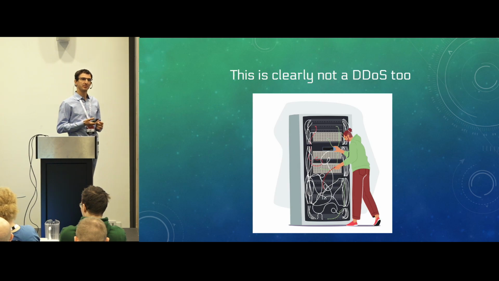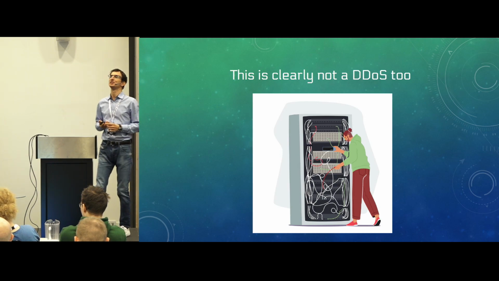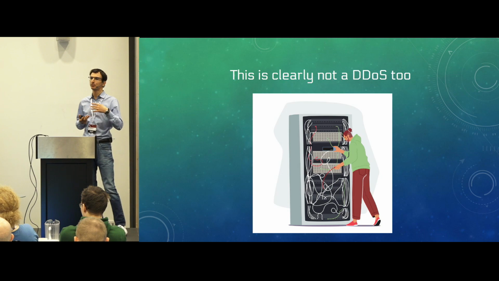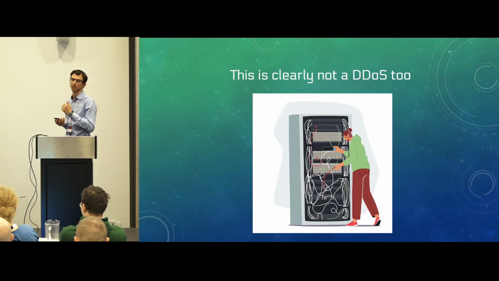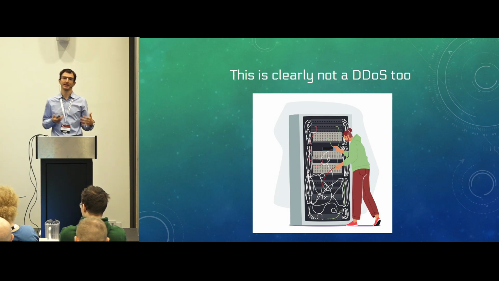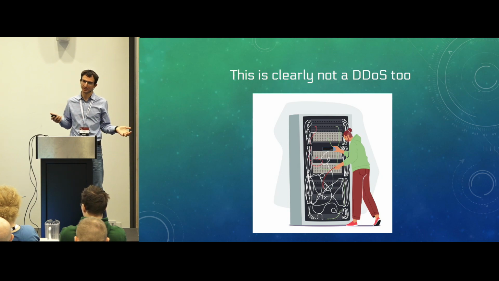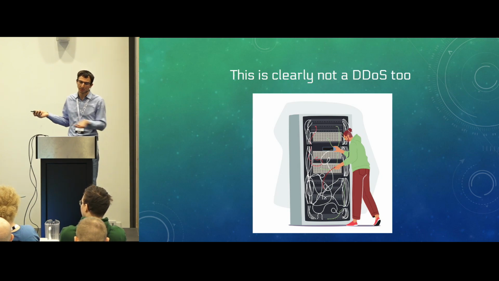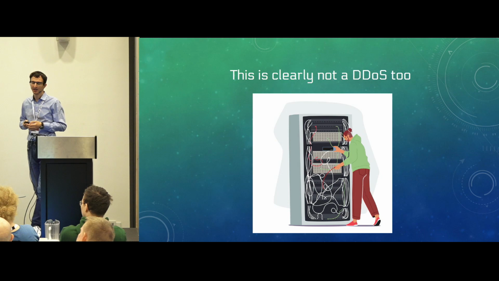Or you receive an email notification about a network improvement, to improve the reliability of your network, you need to do some maintenance. And at exactly the scheduled time, something happens and your network is dead. Again, not DDoS. Blame your colleagues for doing something.